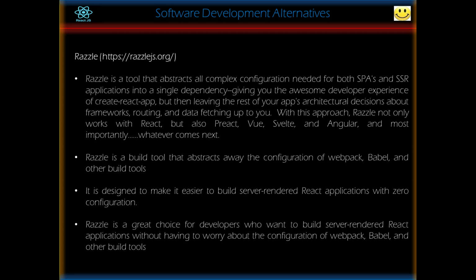Razzle. Razzle is a tool that abstracts all complex configuration needed for both single page application and server side rendering applications into a single dependency, giving you the awesome developer experience of create React app, but then leaving the rest of your application architectural decisions about frameworks, routing, and data fetching up to you.